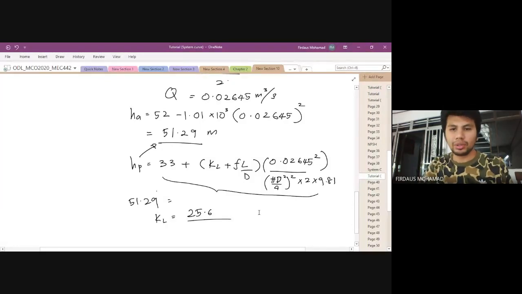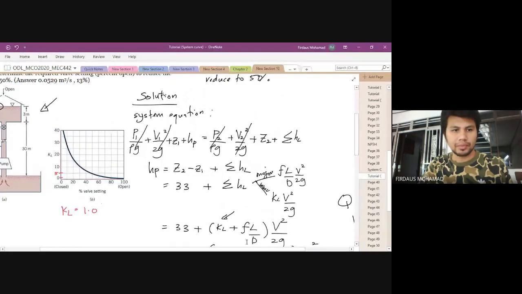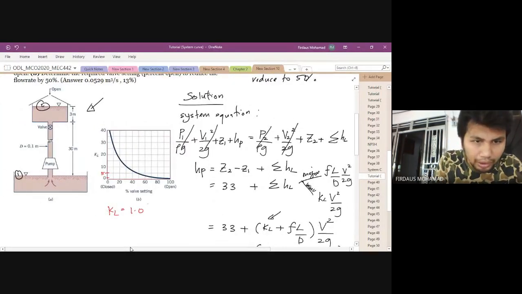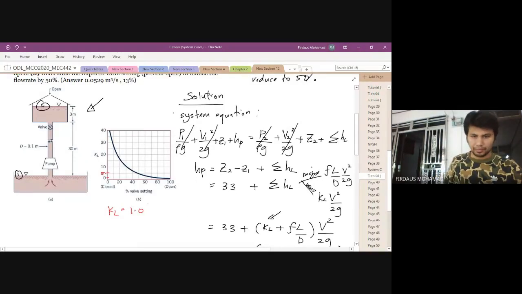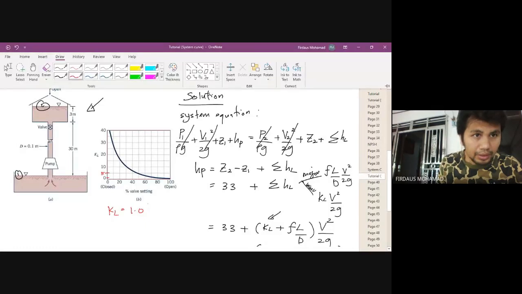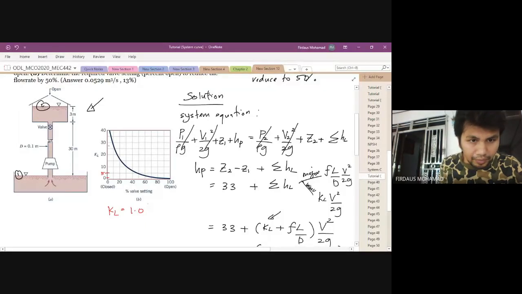Okay, so now based on this KL 25.6, you can plot this here, 25, okay, 25 here, and then let's say 26. 25, 26 here.